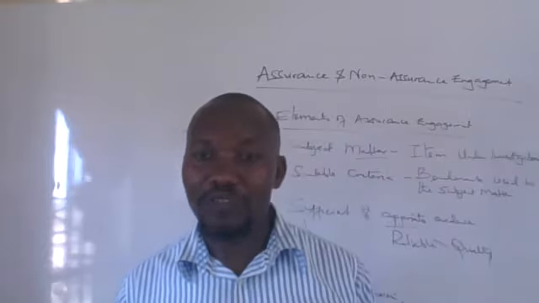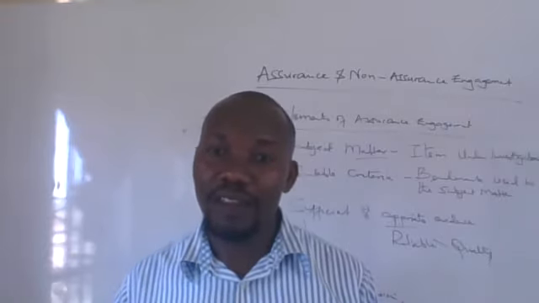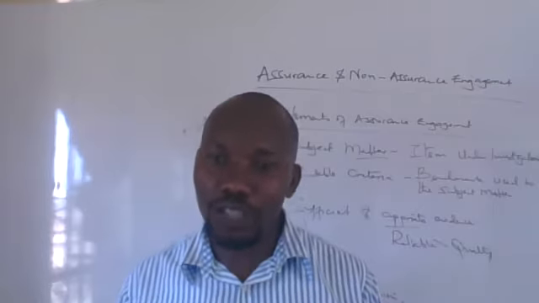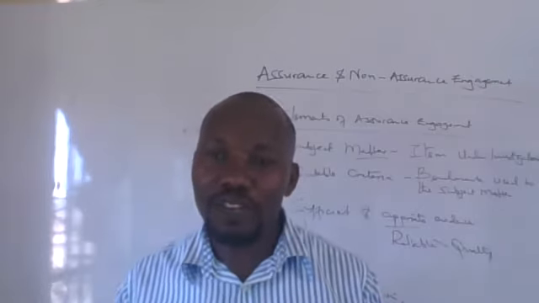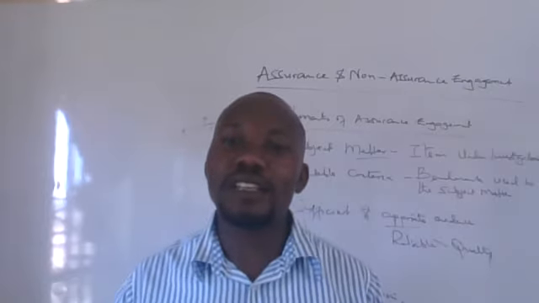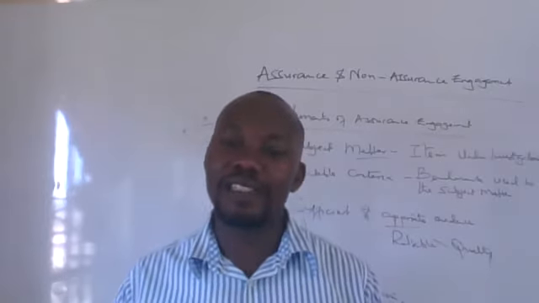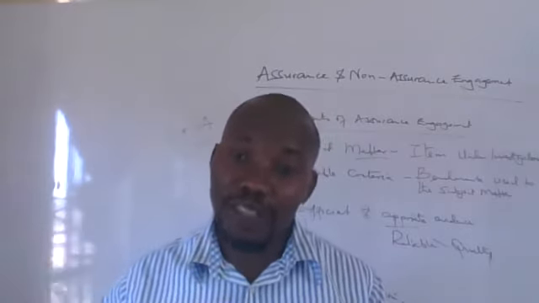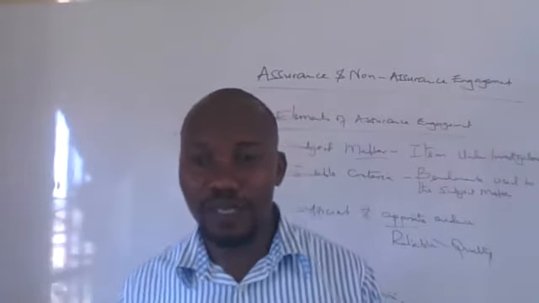So it is an engagement where the practitioner, who is the auditor, is expected to give a conclusion, and that conclusion is designed in a way that it should increase or enhance the degree of confidence of the users.